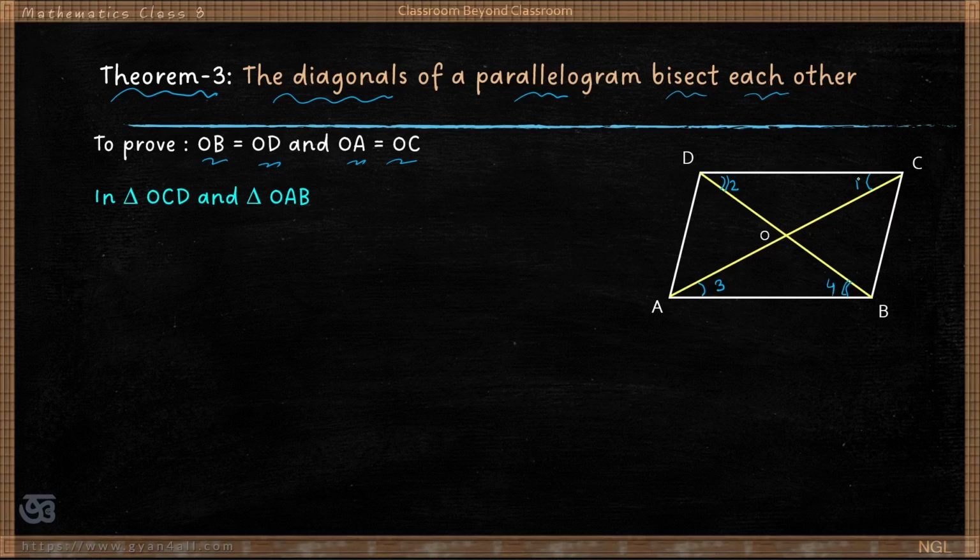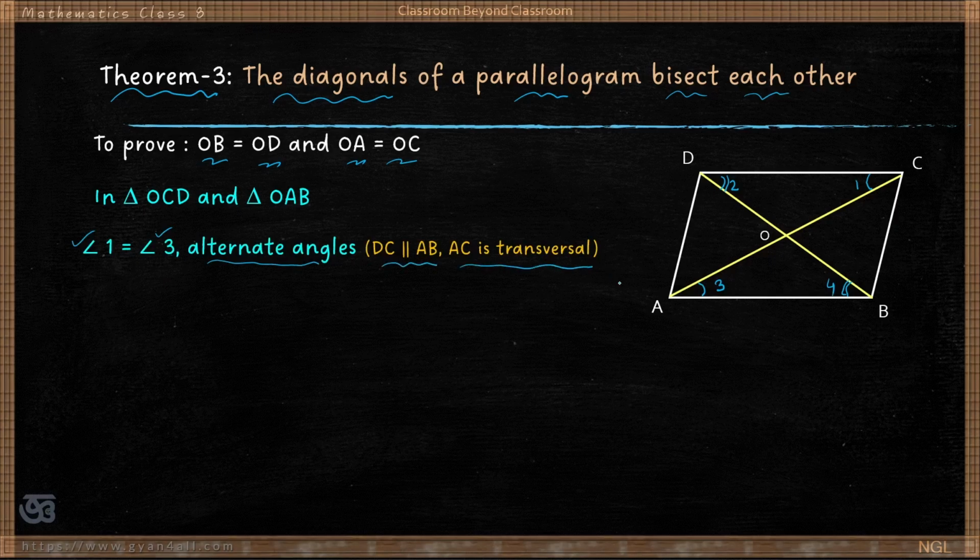Now DC is parallel to AB and CA is a transversal. So angle 1 is equal to angle 3, because they are alternate angles, DC is parallel to AB and AC is the transversal. Likewise, we can say that angle 2 is again equal to angle 4 because this time DB is the transversal. So angle 2 is equal to angle 4, alternate angles, and this is the reason for being equal.